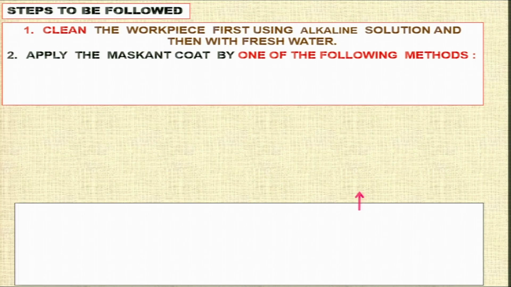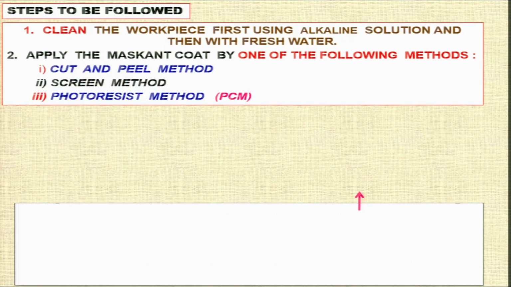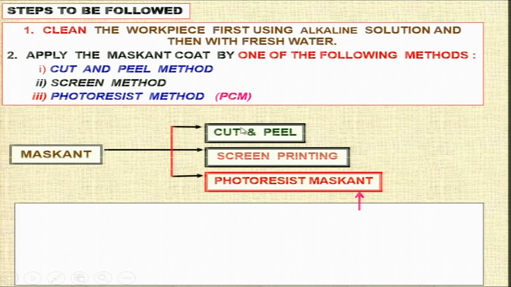Apply the maskant coat by one of the following methods: cut and peel method, screen method, and photoresist method, that is also known as photochemical machining. Apply the maskant by one of these three methods.